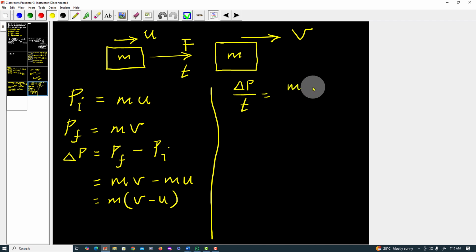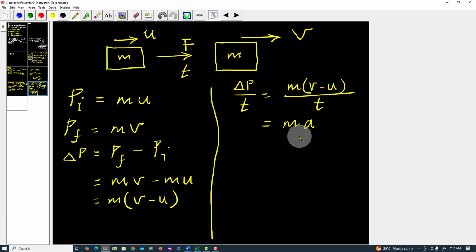We have seen that it is equal to m times v minus u. We divide all this by t. And you will agree with me from kinematics, v minus u over t is acceleration. And therefore, the rate of change of momentum of this object is equal to mass times its acceleration.